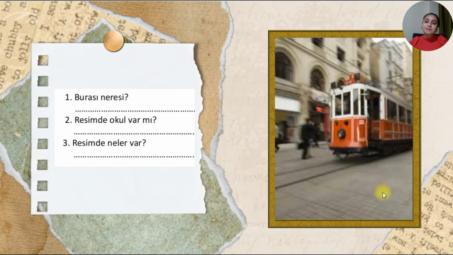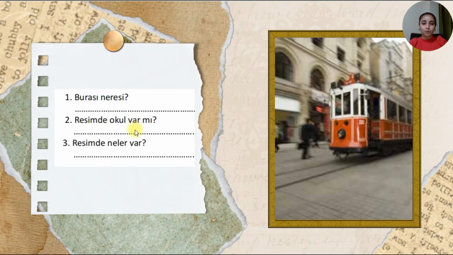Do you know this place? This place is in Istanbul again, which is called Taksim. It is a square. Taksim. Burası neresi? Where is this place? Burası İstanbul. Burası Taksim. Okay.